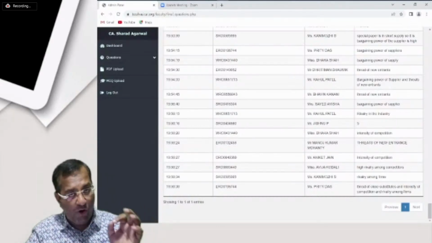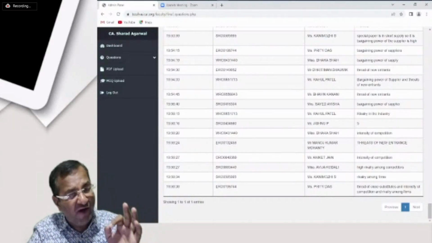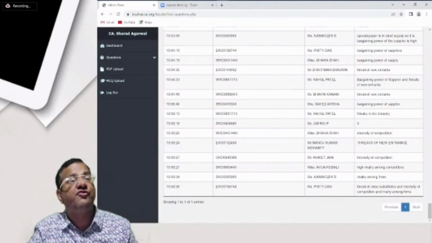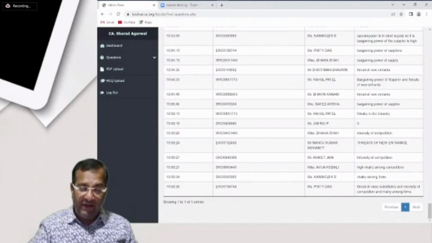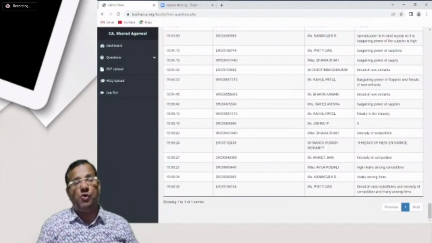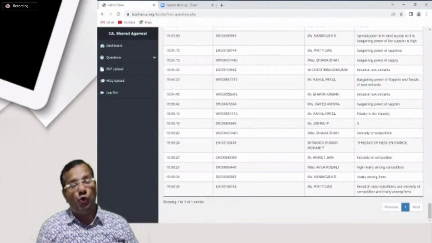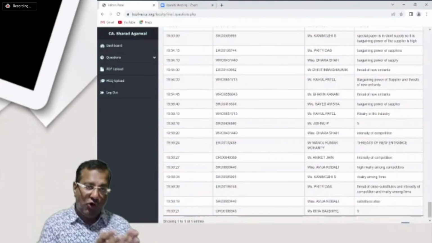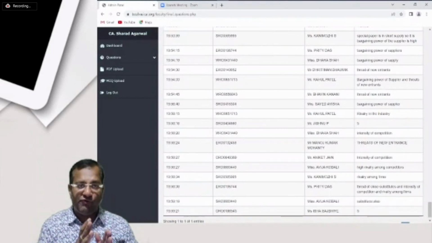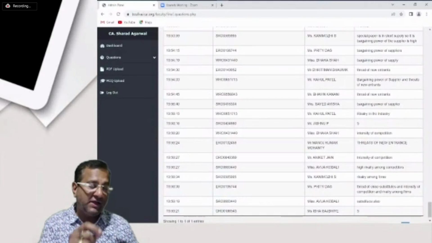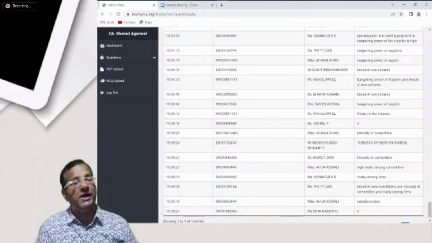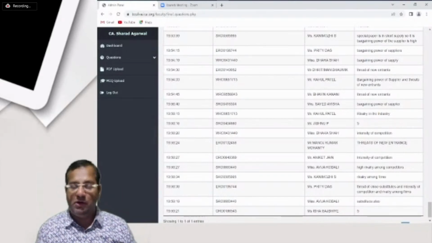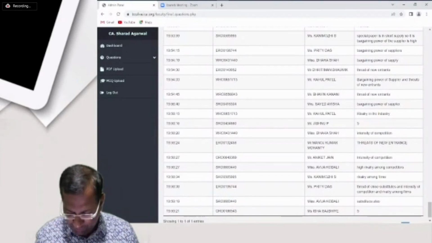And the second point is all the 5 major competitor products are similar in size and quality. It means we can also cover this point on threat of close substitute, because all the 5 major competitors are offering such products which are similar in size and quality. So similar in size and quality can be covered in threat of close substitute. Clear, beta?